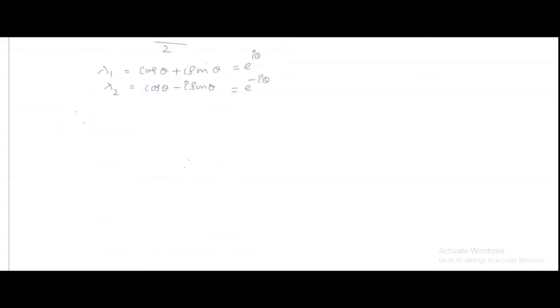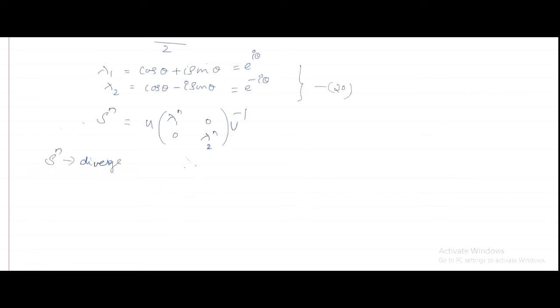Also, we have written earlier that S raised to n equals U, lambda 1 raised to n, 0, lambda 2 raised to n, U inverse, where lambda 1 and lambda 2 are given by this particular equation.